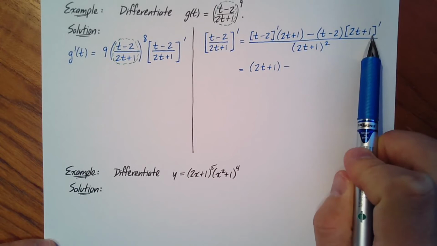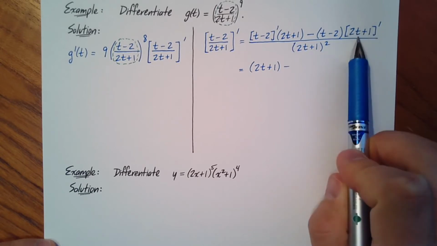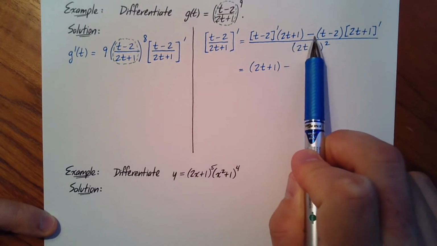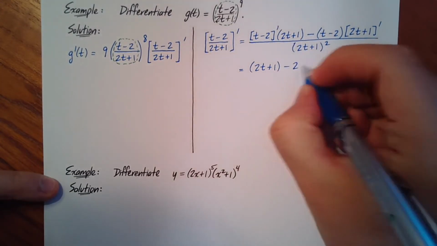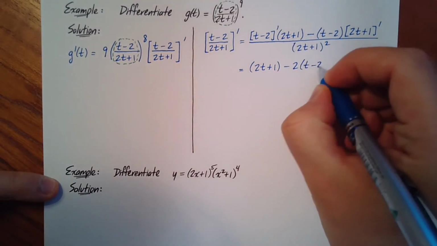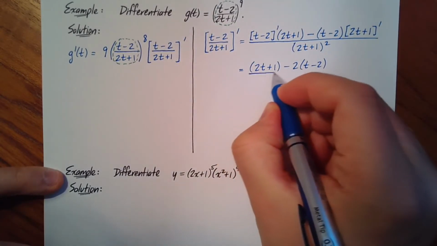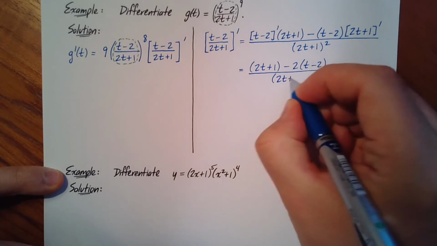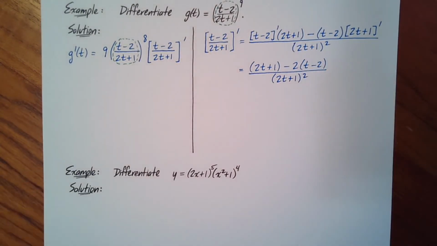Derivative of 1 is going to be 0. So this derivative is just going to work out to be 2. So why don't we write the 2 in front? So we'll write this as minus 2 times (t minus 2). And then all of this can be divided by the denominator, which is not going to change because we didn't do anything with that.